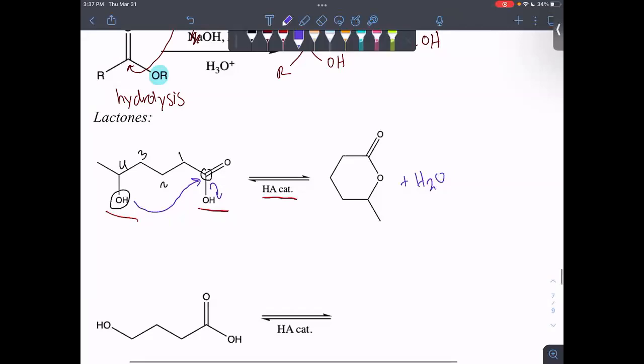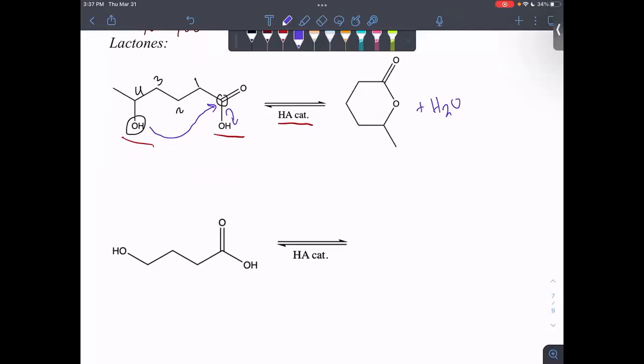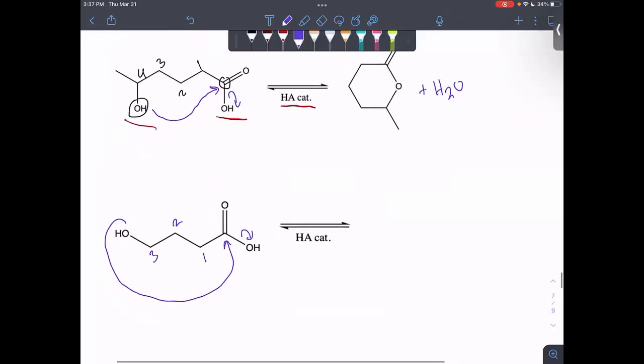Next, it's the same thing. We're making a lactone, but we're just counting it differently. Up there we had more carbons in between the nucleophile and the carboxylic acid. Here we just have 3. So we do the same thing. We attack with the alcohol and turn this into a cyclic ester, and we form our ring.